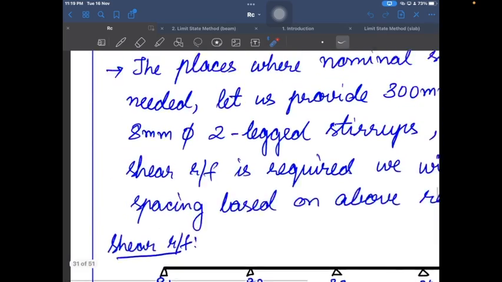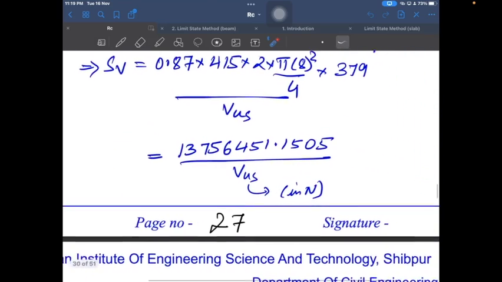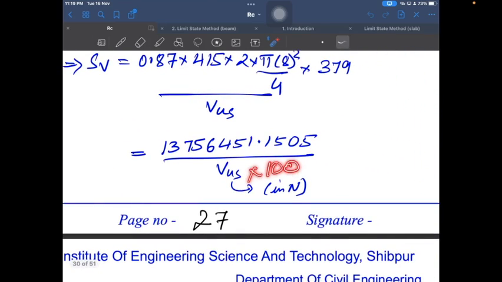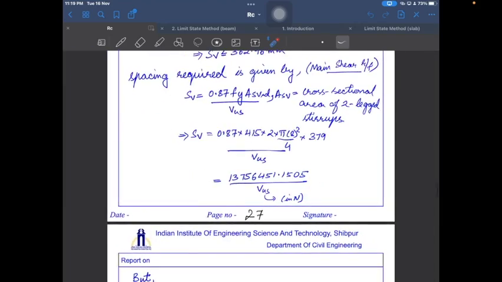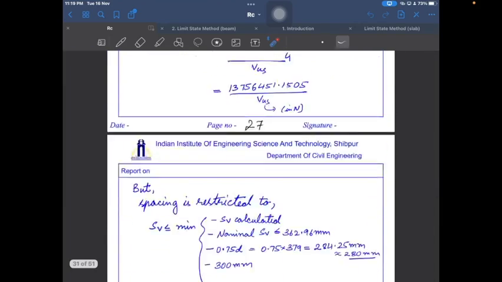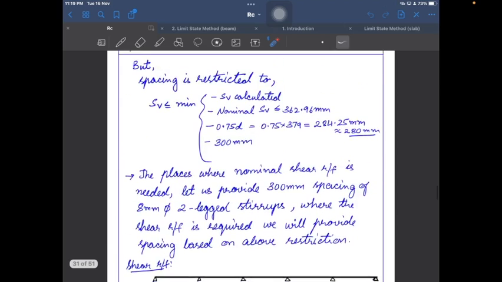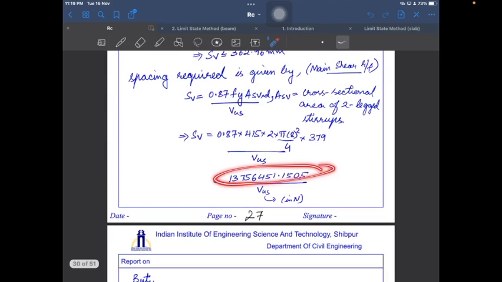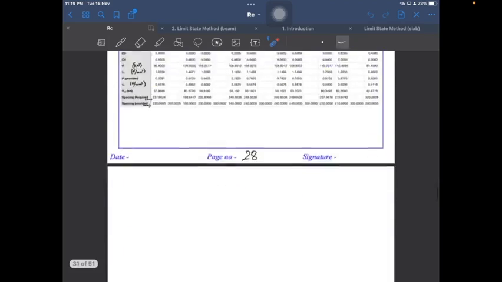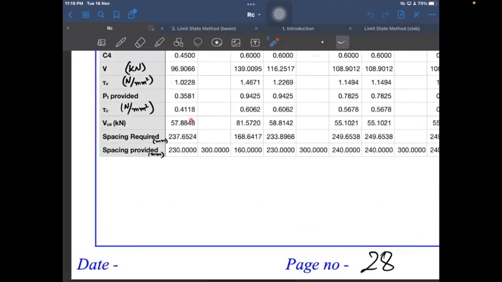So this number multiplied by 1000 should be divided here, and you get the spacing required from here. I hope you are understanding.